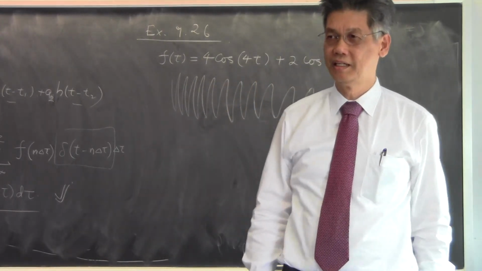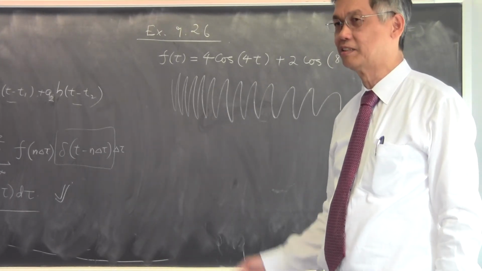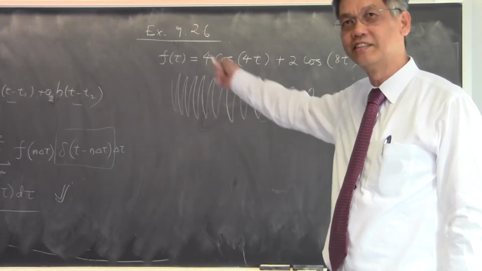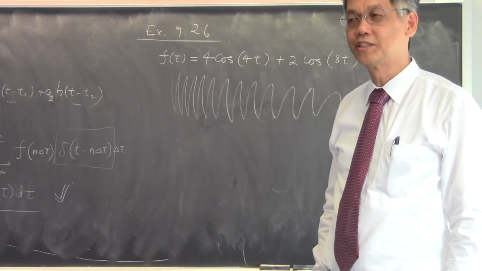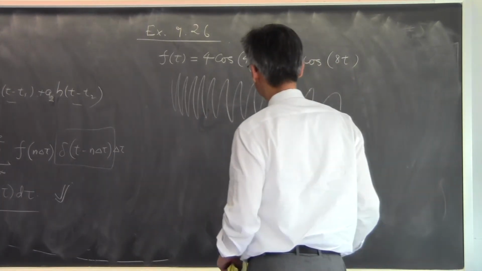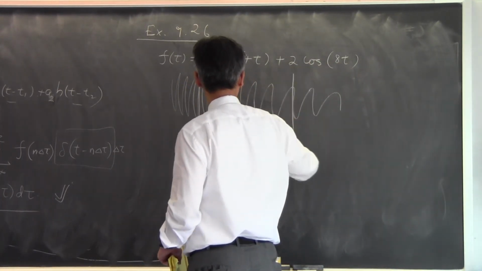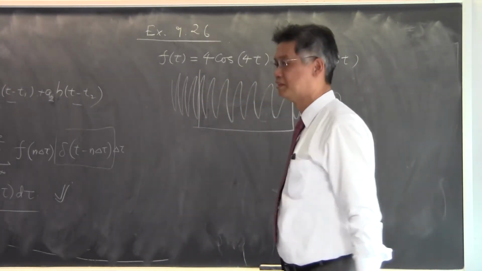In the lab, you don't have all the time in the world to measure the signal, because it begins at t equals minus infinity and ends at t equals infinity. So you turn on your measurement equipment and just measure from here to here.